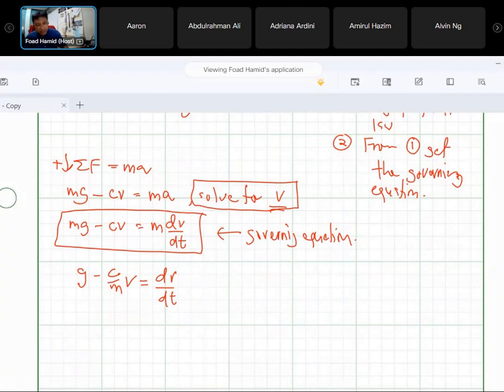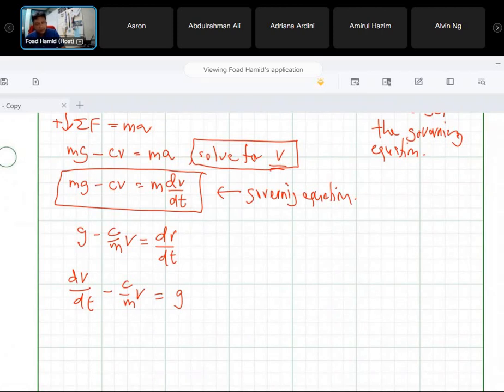So what I'll do is, because we are trying to solve the unknowns, okay, unknown is v, I put v on the left-hand side. So I have dv dt minus c over m v equal to g.